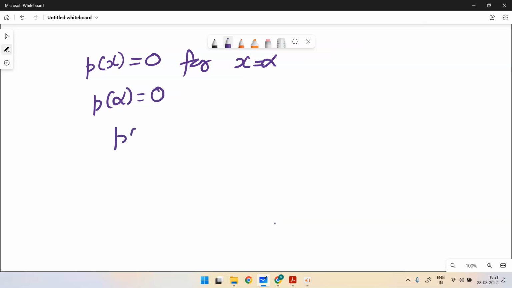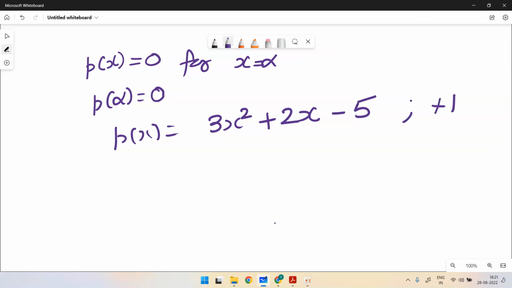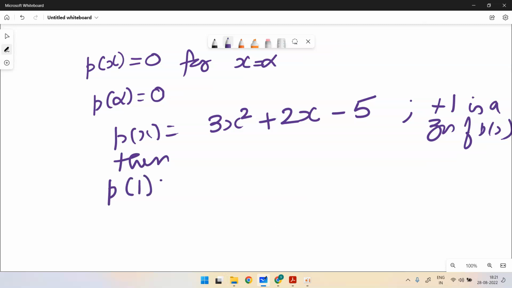Meaning that if p of x is given as, suppose, 3x square plus 2x minus 5, and it is given that 1 is a zero of p of x, then if I write p of 1, substituting the value of x as 1, it will definitely give the expression to be 0.